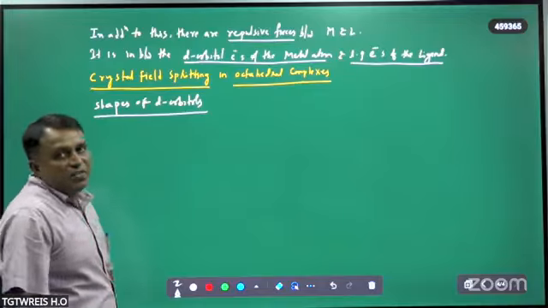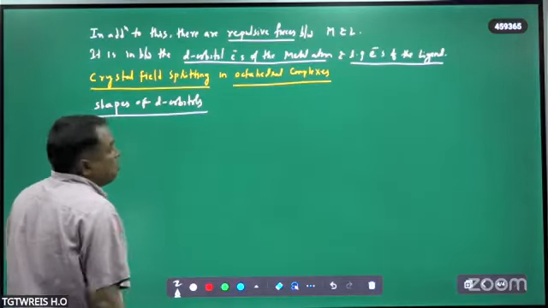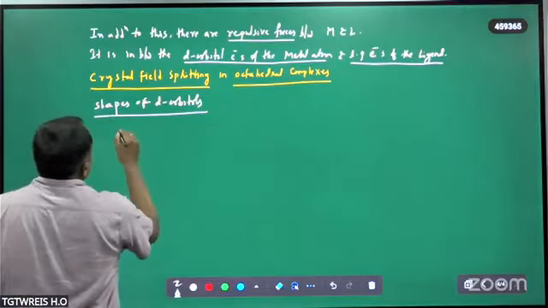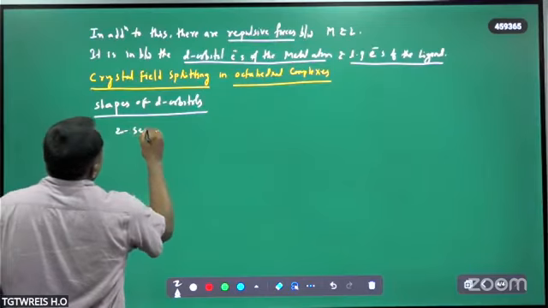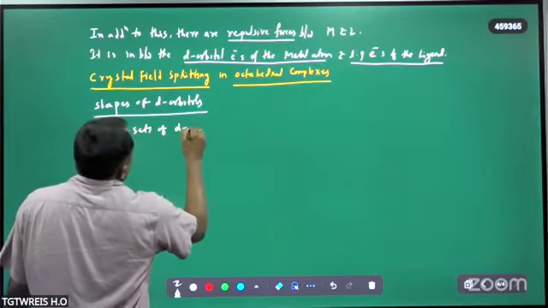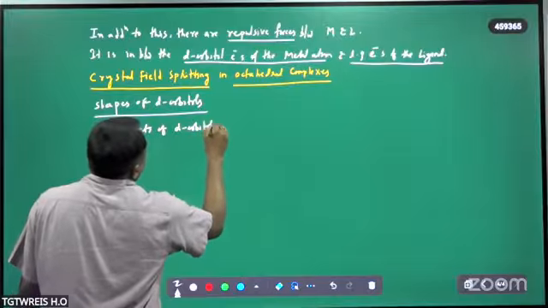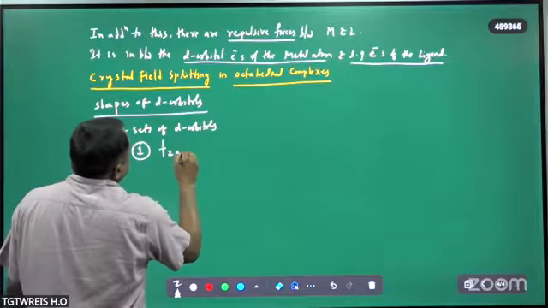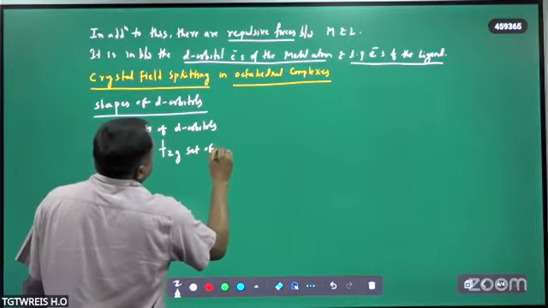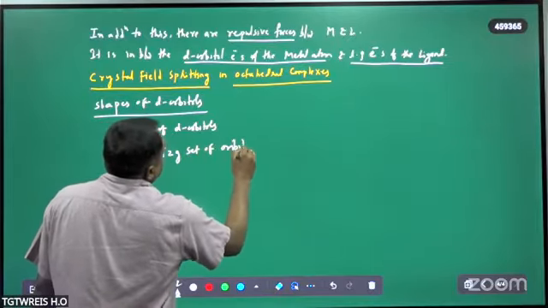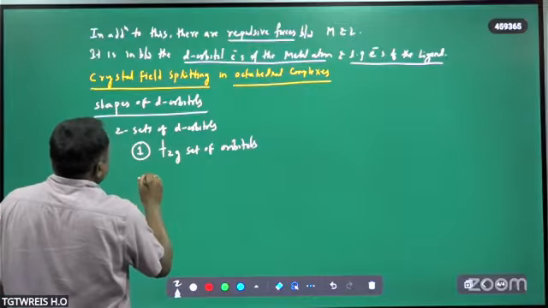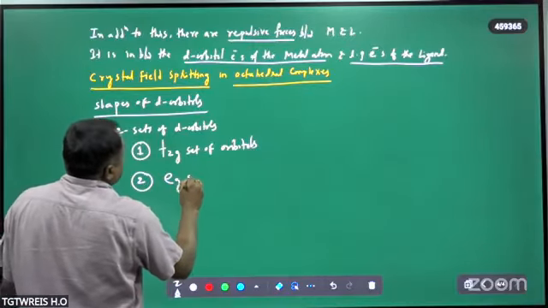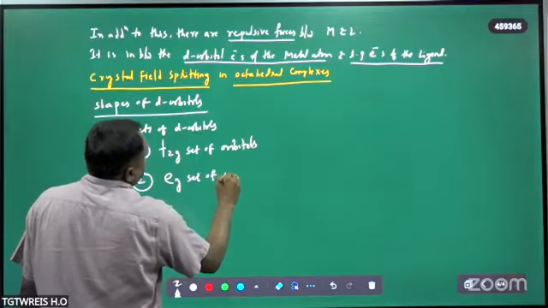There are two sets of d orbitals. One is the t2g set of orbitals, and the second is the eg set of orbitals.